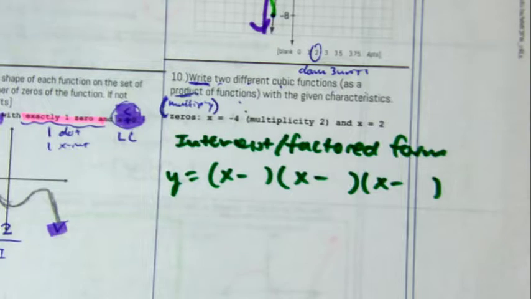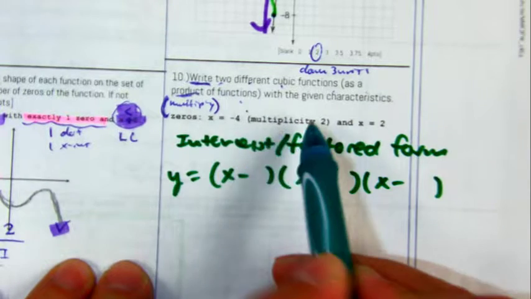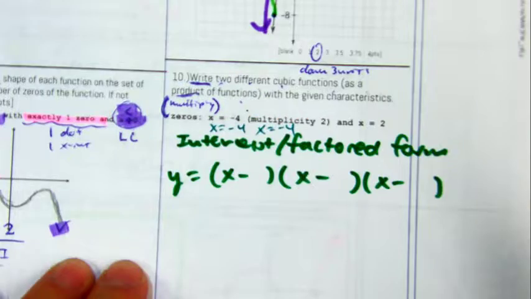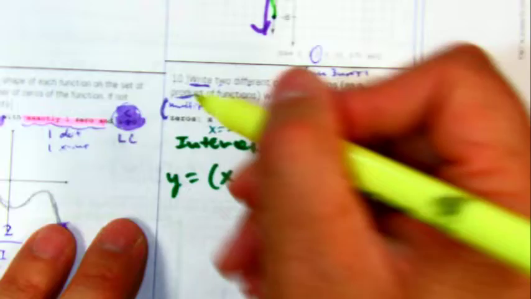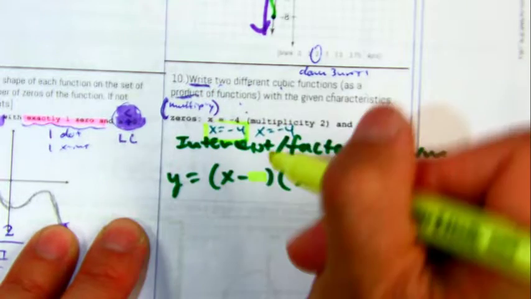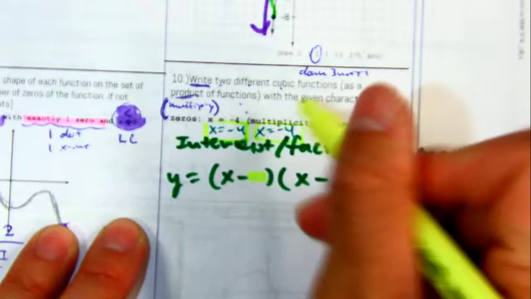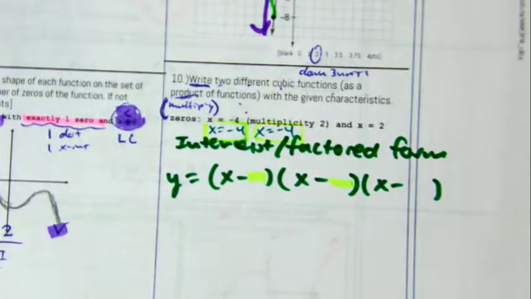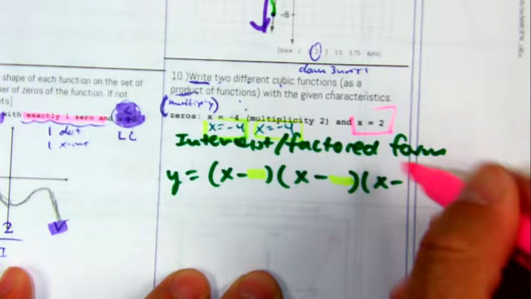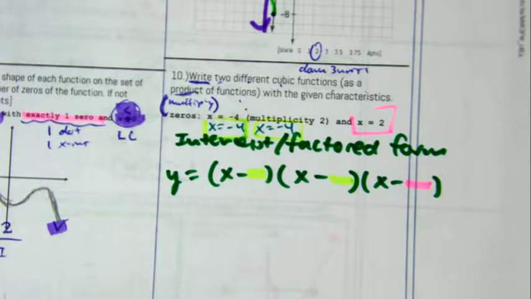The reason why I have 3 is because it says multiplicity 2. Multiplicity 2 basically means you have 2 of them. So essentially what I'm going to do is put each of these, and because they're the same identical one, I'm going to put them there. And the last one just goes right there. So let's fill it in.